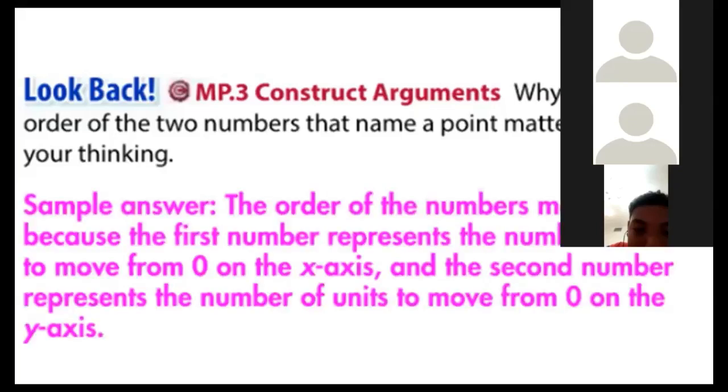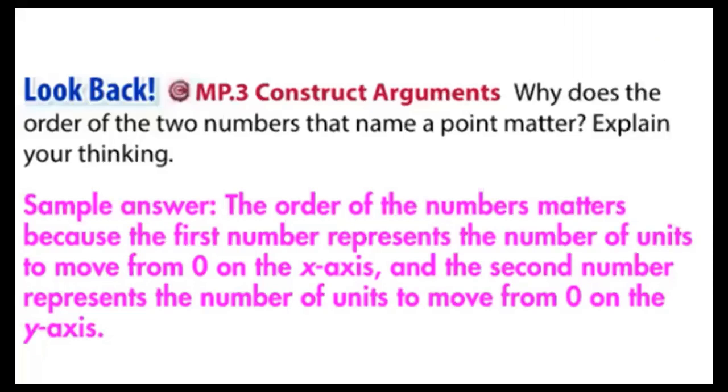The order of the numbers matters because the first number represents the number of units to move from 0 on the x-axis, and the second number represents the number of units to move from 0 on the y-axis. So the first value helps you know the distance on the x-axis from 0 to the given value.